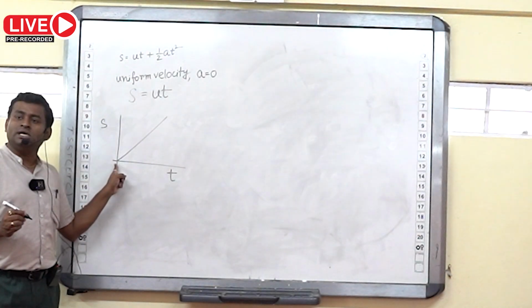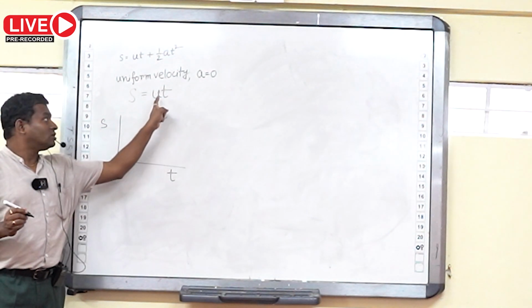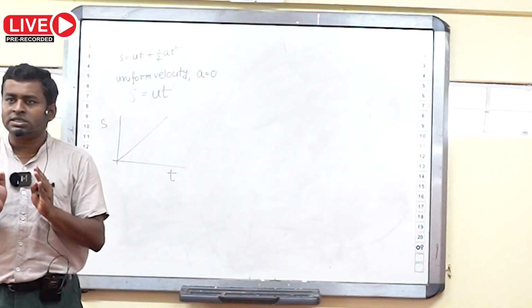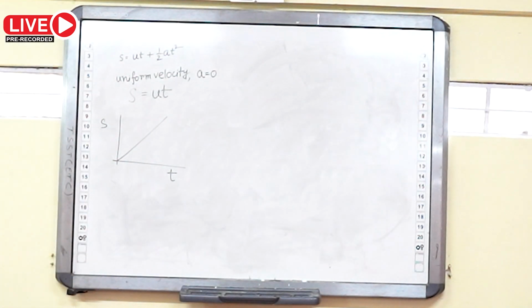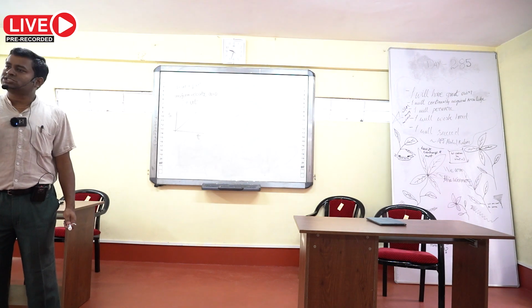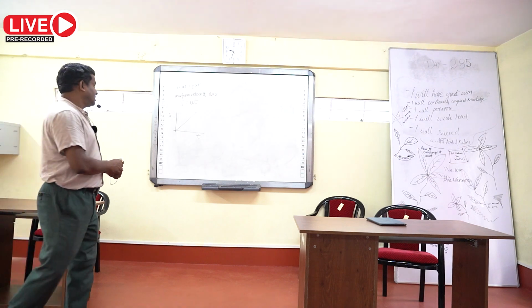So it will pass through the origin and it will be a straight line, because the coefficient of t represents the slope of this straight line. You can compare it with the equation of the straight line that you know, y equal to mx plus c. The c term is 0, so the graph will pass through the origin.